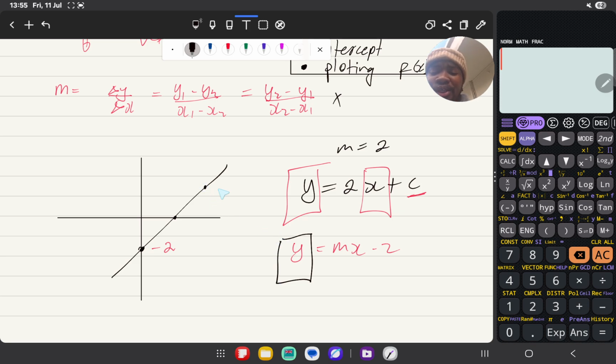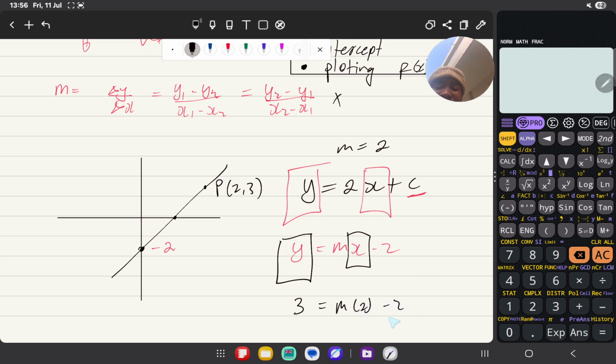Say maybe you found a point here, 2 and 3. You take that point and substitute it for x and y, and from there you are left with m. You find m and then you are done. So in this example, you build 3 equals m multiplied by 2, minus 2.